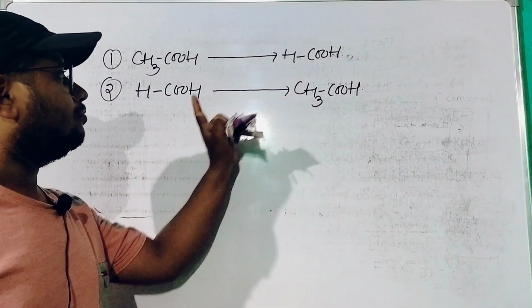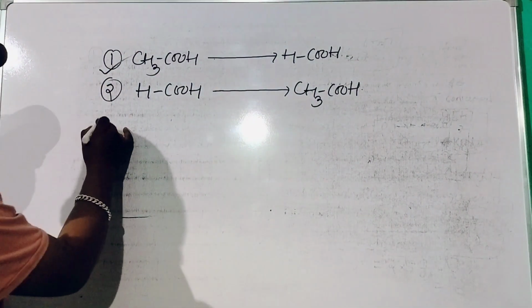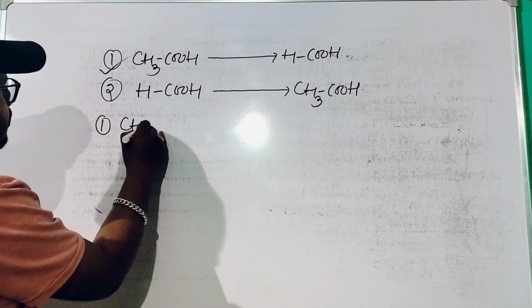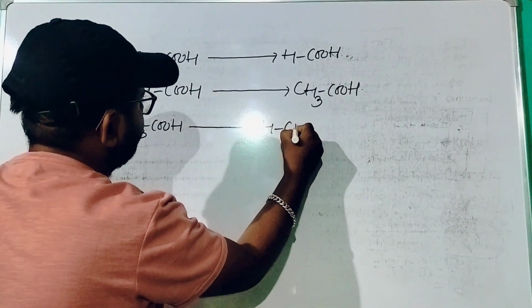Let's do the first conversion. Our first conversion is convert acetic acid to formic acid.